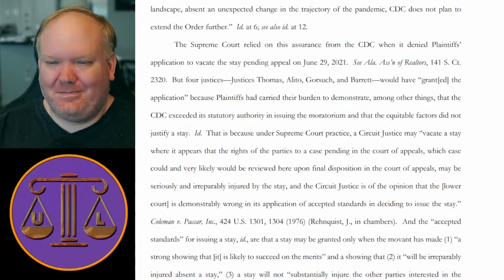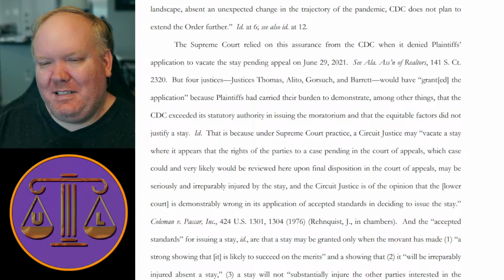He wasn't in the majority. John Roberts has been a bit of a disappointment to some of us on the right. Thomas, Alito, Gorsuch, and Barrett would have granted the application.